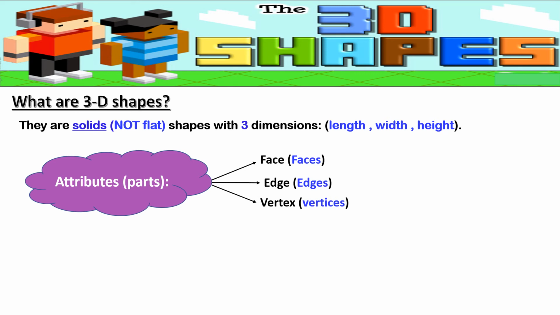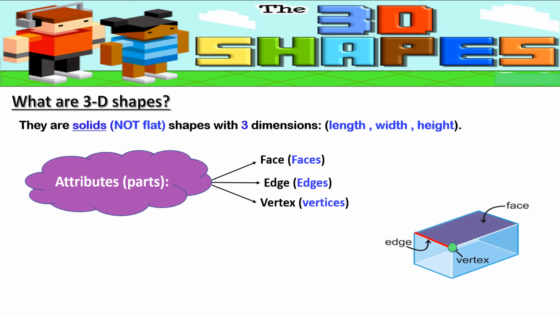Face or faces, edge or edges, and vertex or vertices. Like this shape, an edge is like this red line, a face is like this purple surface, and this small circle is for vertices.